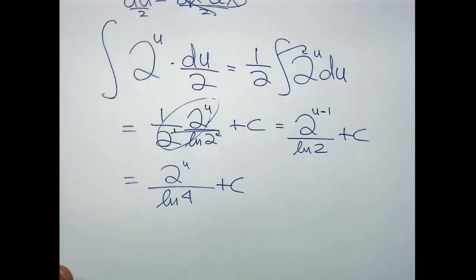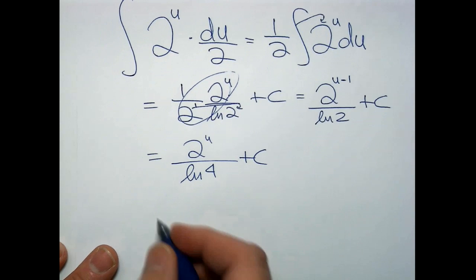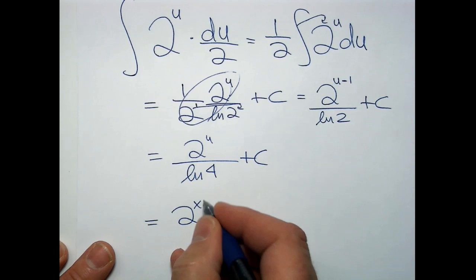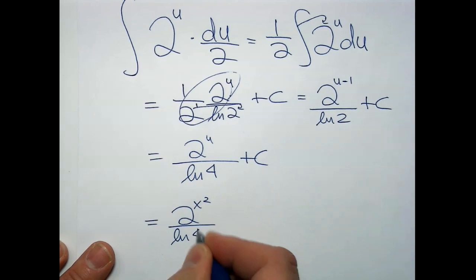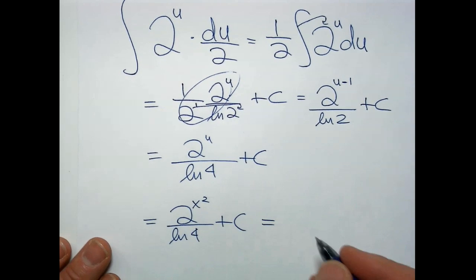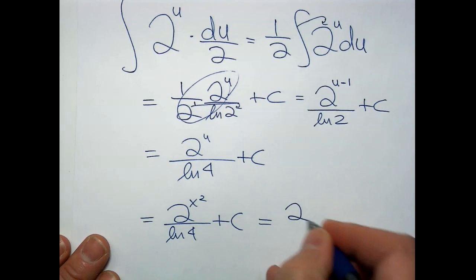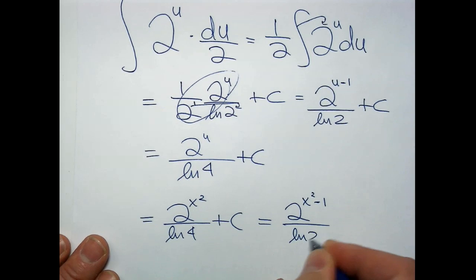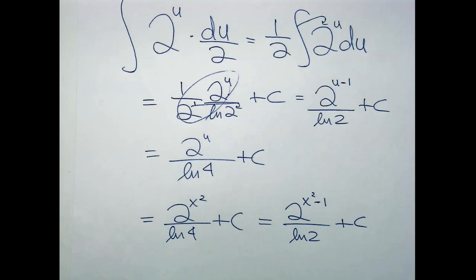They look entirely different, and yet they really embody the same answer. Now let's not forget what u actually is. It's x squared, which apparently is equal to this. Both answers are equivalent. Both answers are certainly acceptable.